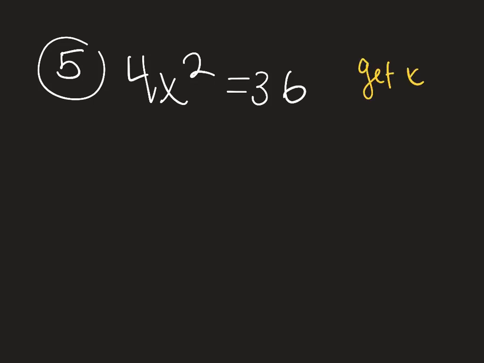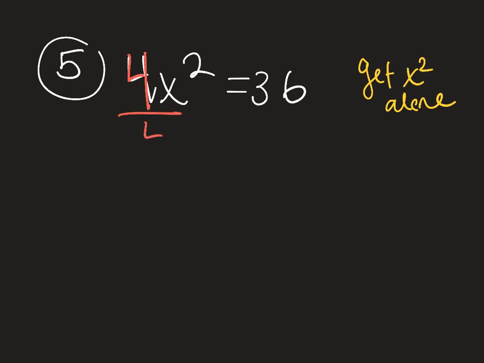Let's try number 5. Number 5 is a little bit different. 4x squared equals 36. The rule's not changing. I need to get x squared alone. But this time I have this 4 in front of my x squared, and they are multiplying. So to unmultiply, we have to divide.